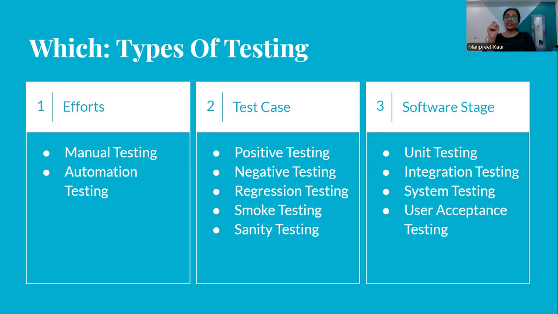So regression itself means something repetitively happening, in tune with the existing system. So when we build something and a new feature comes in, it should not affect the existing working system.